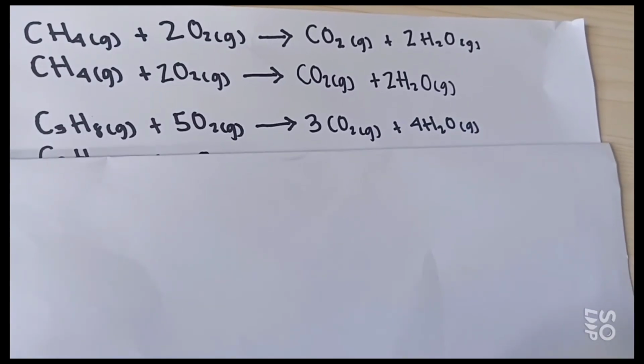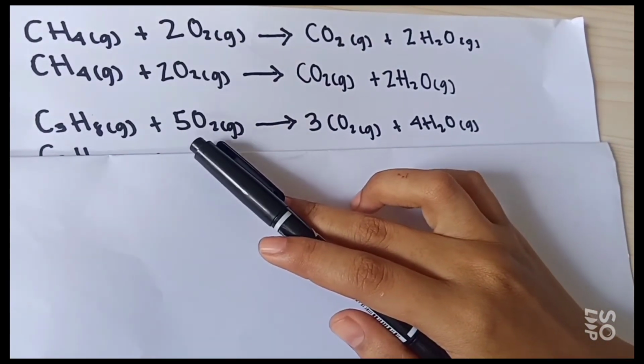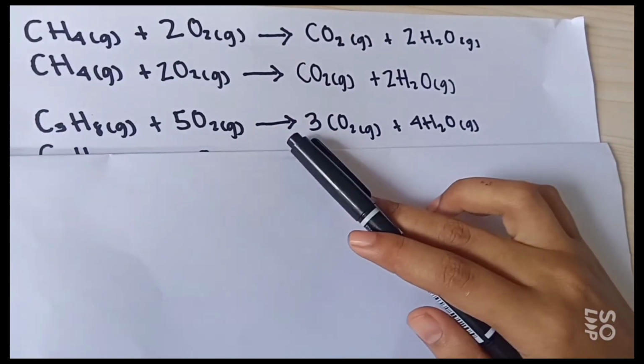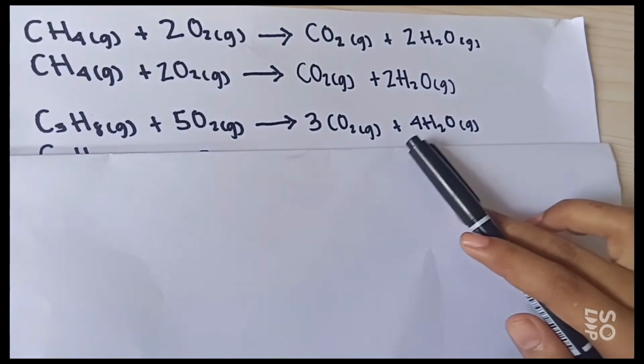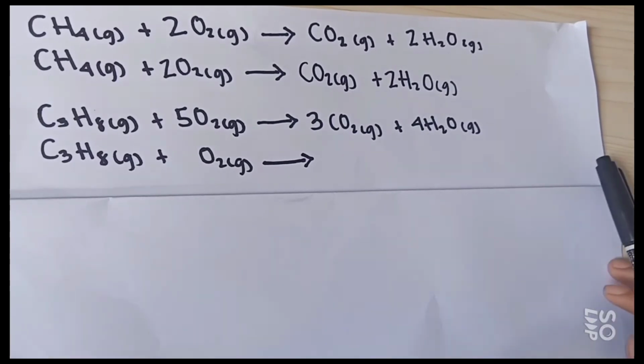Next example is C3H8 gas reacting with 5O2 gas to produce 3CO2 gas and 4H2O gas. Just like the first example, I'll show you how to get this.